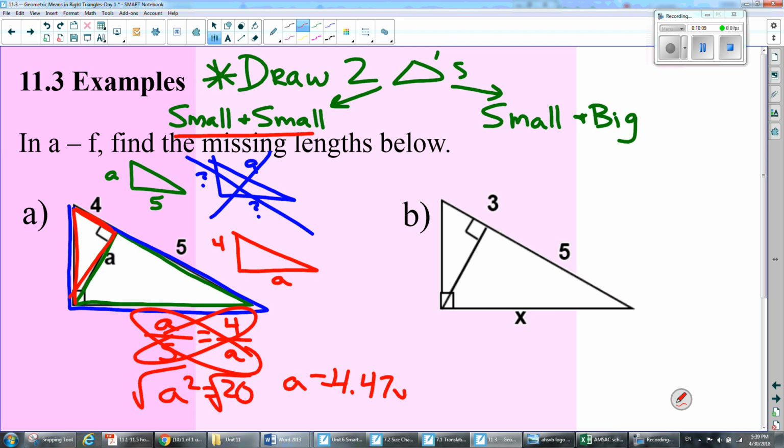Okay, if I look at B, I'm going to find my variable there. I'm going to use this triangle. I have to use a triangle with the variable. This time I have a hypotenuse and I have a long side.